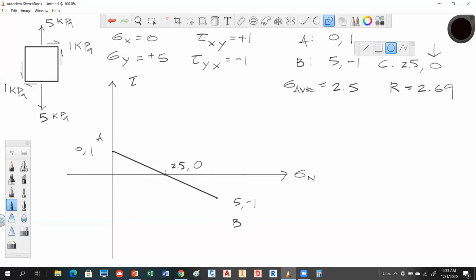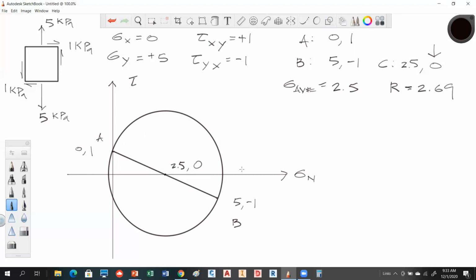Let me see if I can get this one to work now. Okay, there's my Mohr's circle. So the point of maximum normal stress occurs there along the x-axis. The point of minimum normal stress is going to occur here.